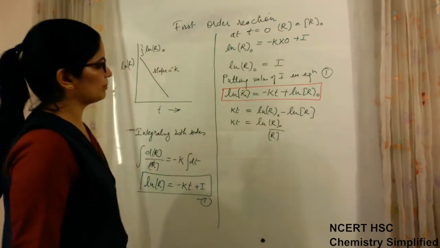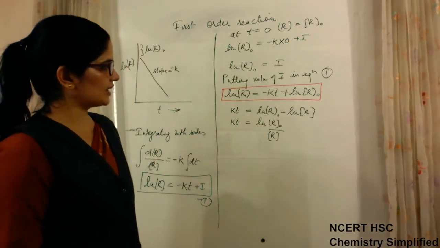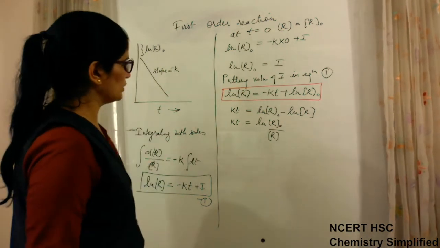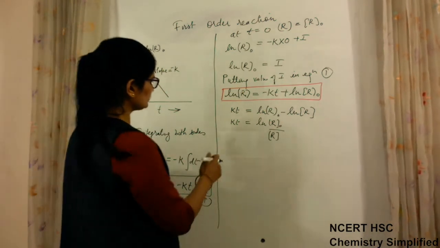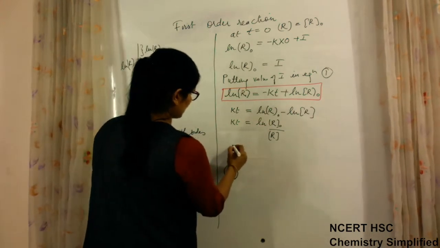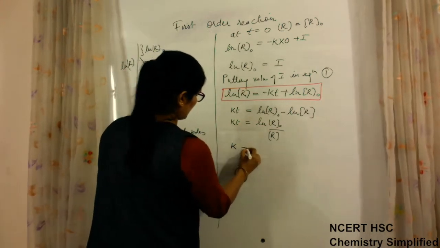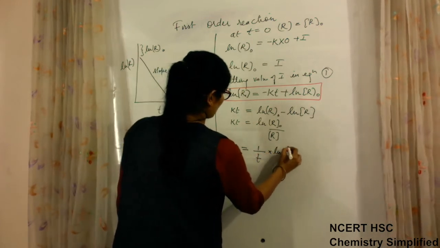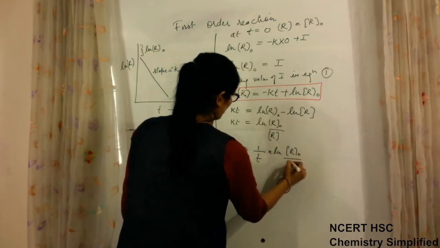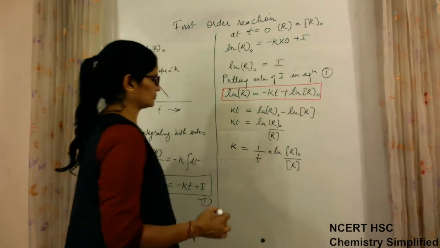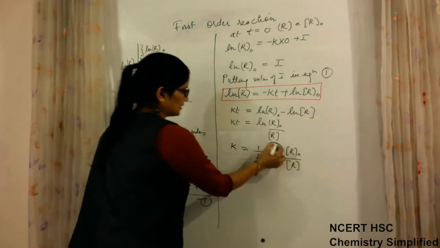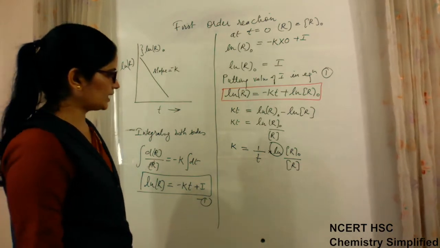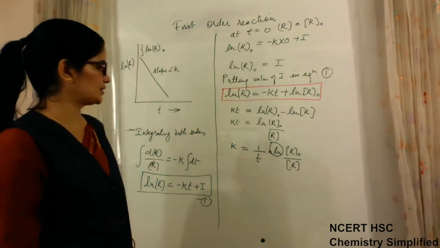We can write it as kt is equal to ln R naught upon R, since log m minus log n is equal to log m upon n. So we can write it as k is equal to 1 upon t into ln R naught upon R. This ln is converted into log to the base 10 by multiplying by 2.303.